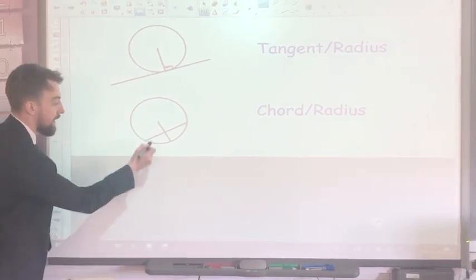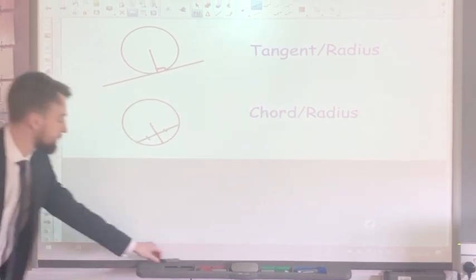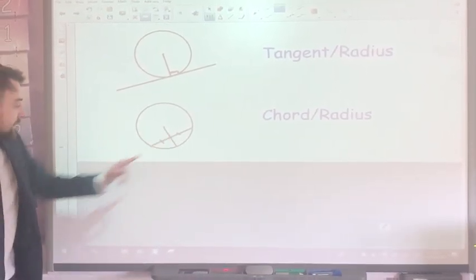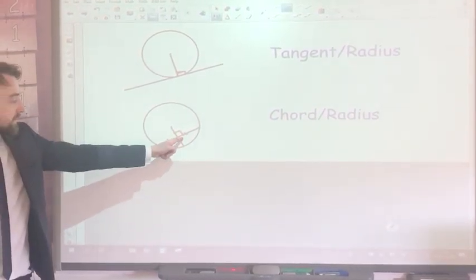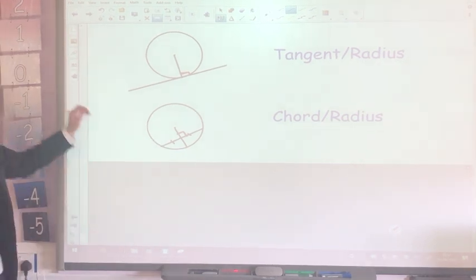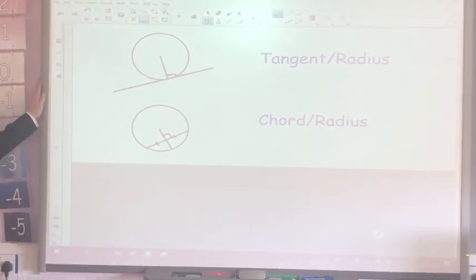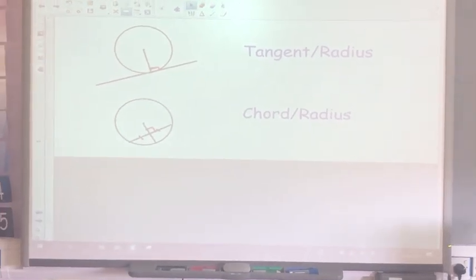So I'm going to show that using these little notations here. And what we need to know is that this angle here will be a right angle. So this one here, and this one here. 4 90s is making 360 degrees around the point. Okay, so there's 2 of them.